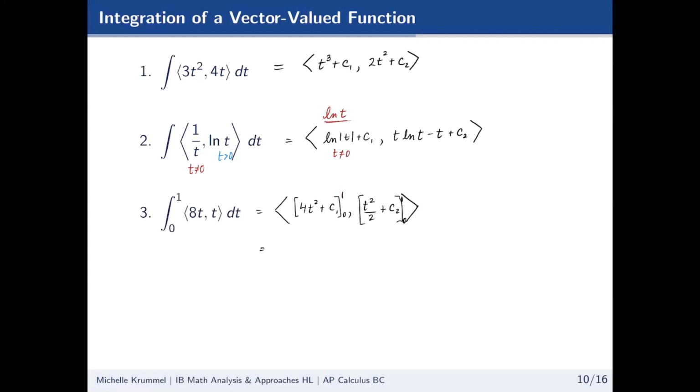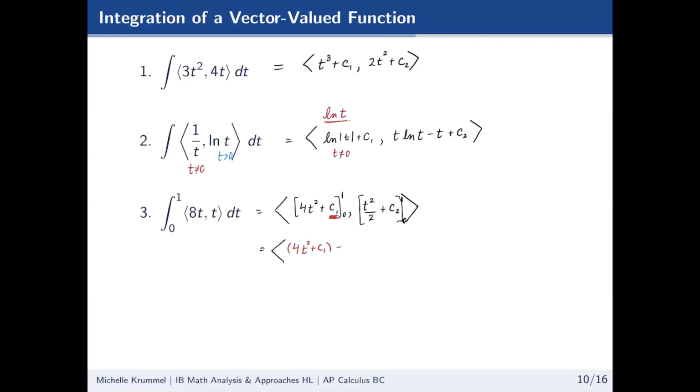Okay, so just working with our x component now, if I substitute the 1 in for the t, I just get 4 plus c1. And because this is a definite integral, we know from experience that this c1 is just going to cancel out, because when I substitute in the 1, I would have 4t squared plus c1. And when I substitute in the 0, oh, that's not a plus.